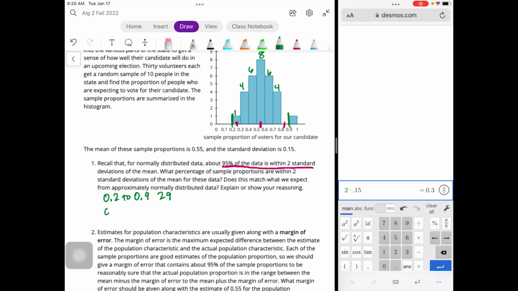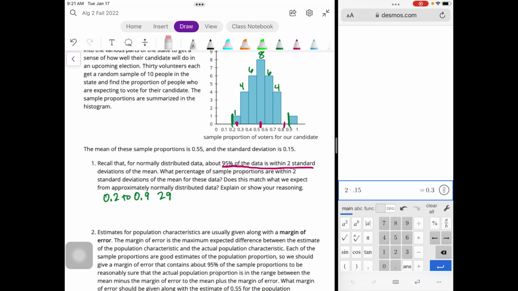If we went from 0.25 to 0.85, it would be around 28, because you're not going to count that 1 bar.